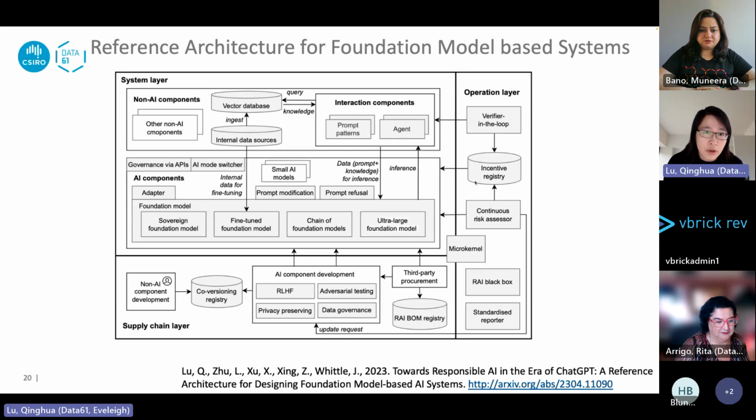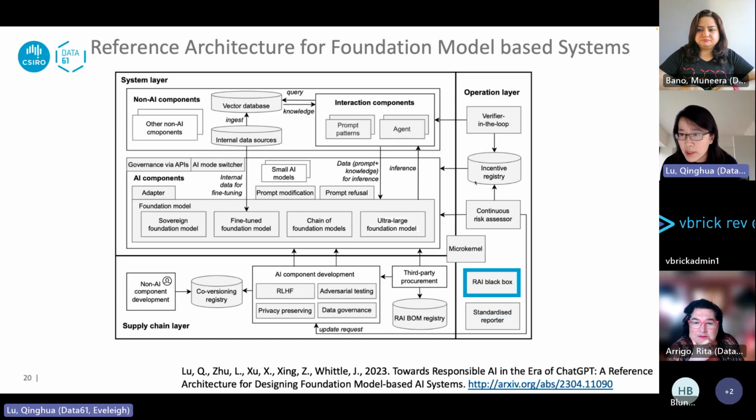Based on the project experience and our recent study, we have also designed the reference architecture for building a foundation model-based system. This reference architecture also has 3 layers: the system layer, supply chain layer, and operation infrastructure layer. For each layer, we have embedded some design patterns for responsible AI.